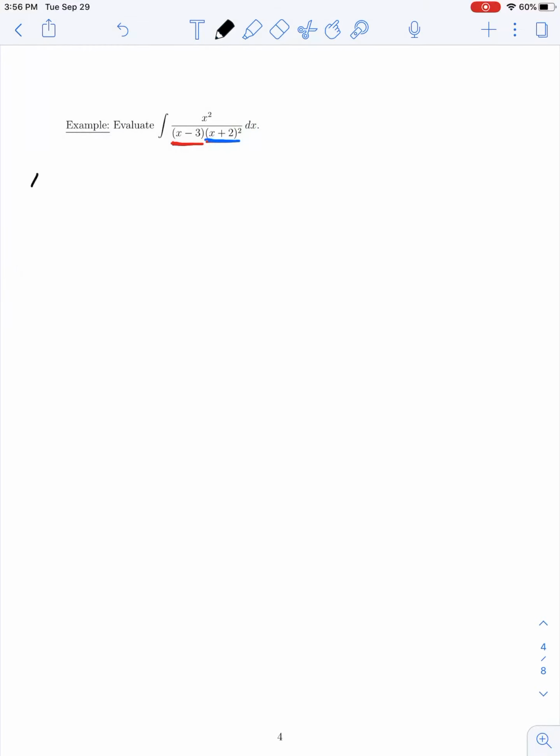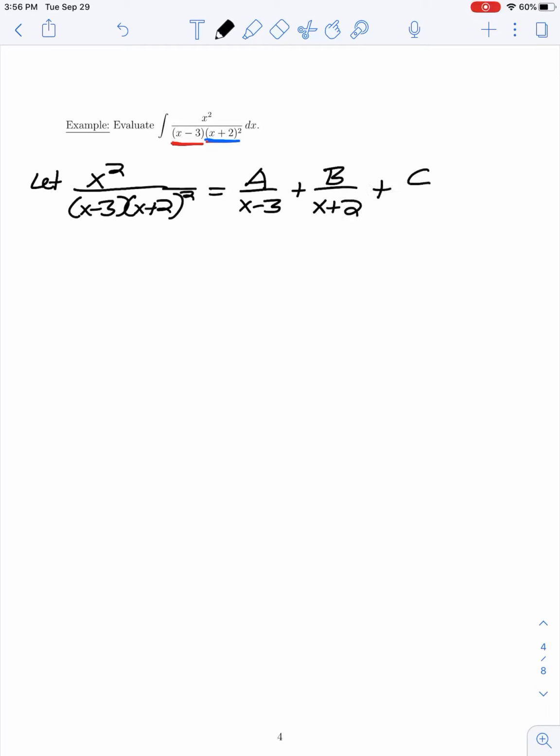So in this case, we would try to decompose our function x squared over (x minus 3) times (x plus 2) squared in the form a over x minus 3 plus b over x plus 2 plus c over (x plus 2) squared. So since that x plus 2 factor was repeated, we will have two terms involving x plus 2 and (x plus 2) squared in our decomposition.